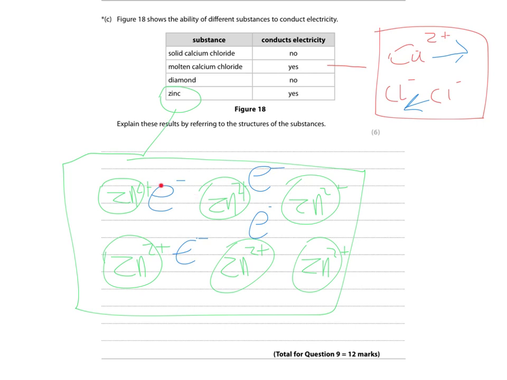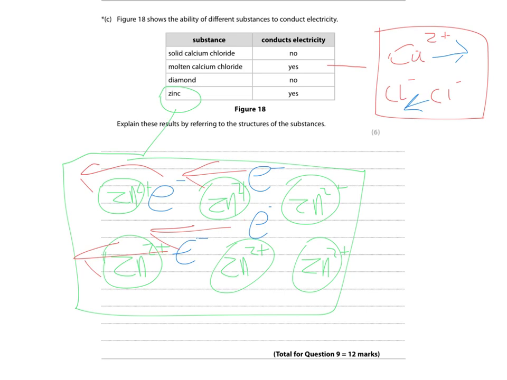So the zinc ions get surrounded by delocalized electrons. Delocalized just means they're free to move around. These delocalized electrons, often called a sea of delocalized electrons, are able to move around, and therefore they are able to carry a charge. So if we put voltage through, they can carry a charge, therefore metals can conduct electricity.